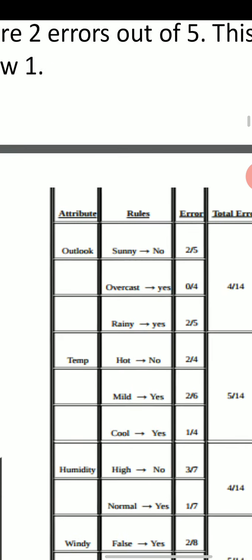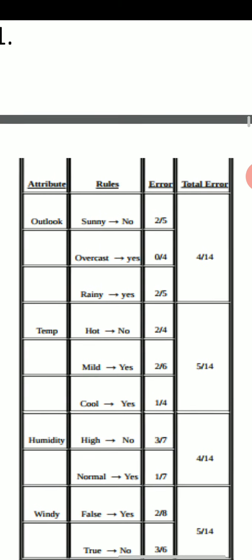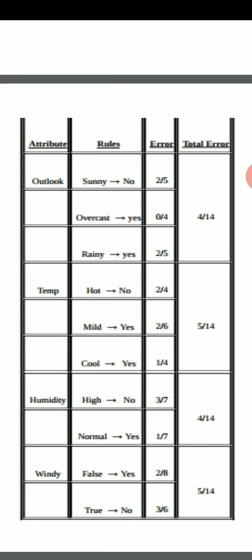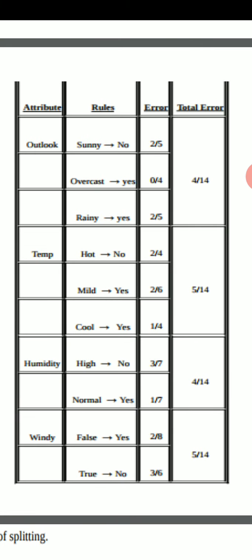Similarly, you have to make rules for temperature. Hot, no, there you get 2 by 4. I request all of you to do it step by step so that it will be clear for you. You can pause the video, then frame the rules for outlook, then proceed for temperature, then humidity, windy, and so on.